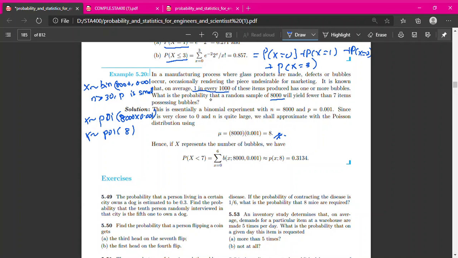So, kita akan gunakan distribution Poisson with 8 parameter. Soalannya, dia nak dapatkan probability that a random sample of 8,000 will yield fewer than 7 items possessing bubbles. Maksudnya, 7 items yang defect. Okay, so nak cari probability of x fewer than 7, x less than 7.